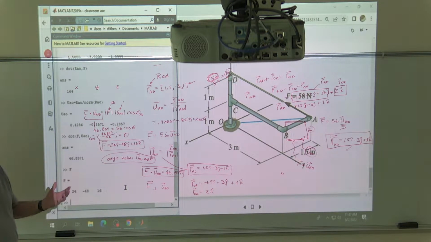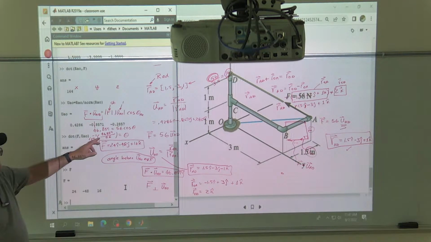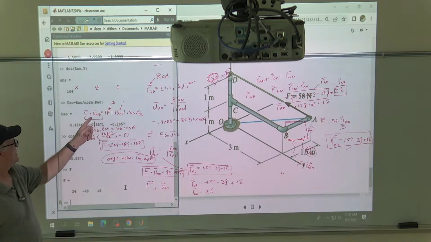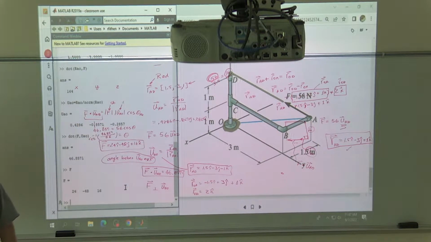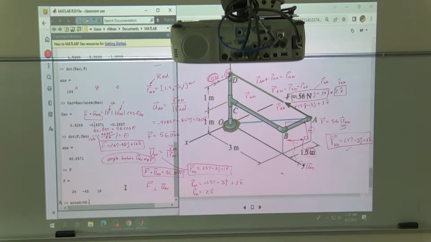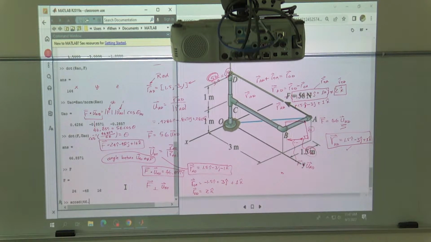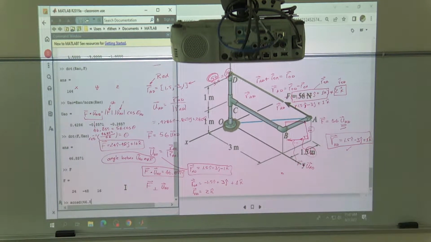But if, in fact, it was 90, then that wouldn't be very good because if it's 90, there wouldn't be anything. But it turns out that it's not. If I wanted to find that, arc cosine of 46.857 divided by 56, turns out that angle is around 33 degrees.